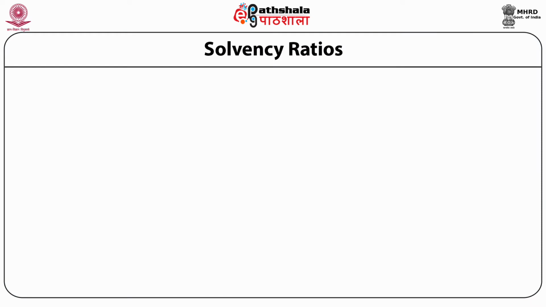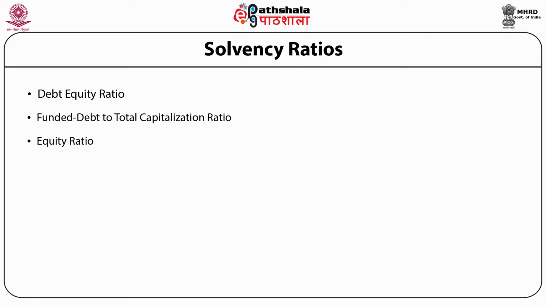Solvency ratios. Now we'll study the types of solvency ratios. Basically, there are 9 types of solvency ratios. First, debt equity ratio. Second, funded debt to total capitalization ratio. Third, equity ratio. Fourth, solvency ratio.